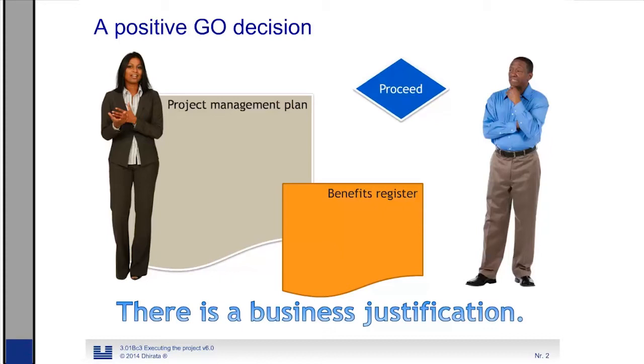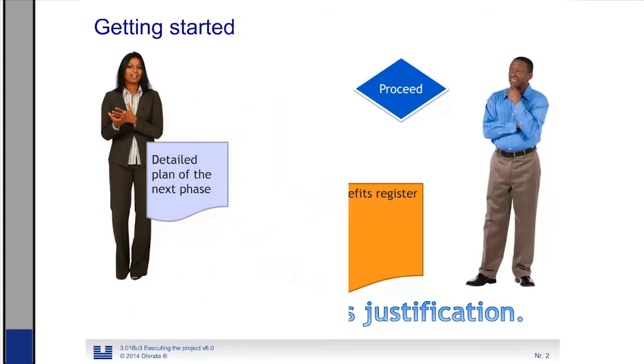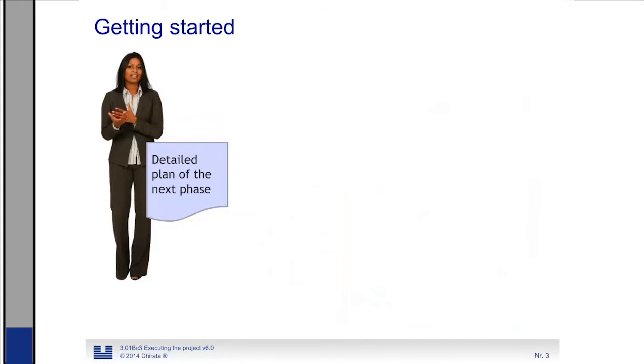The project manager starts executing the project by looking at the detailed plan of this first execution stage. During the execution, the project manager needs to do 5 types of work.